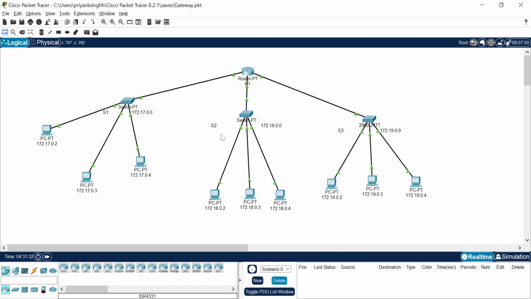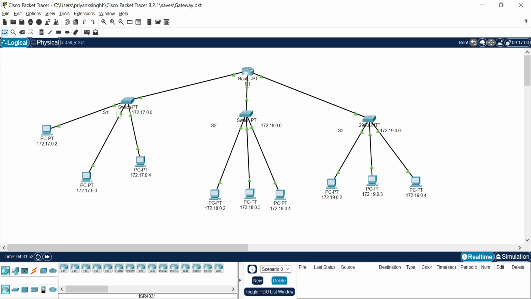Suppose I have configured three networks on the same router and given 172.17, 172.18 and 172.19 series IP addresses to certain PCs, as mentioned over here.